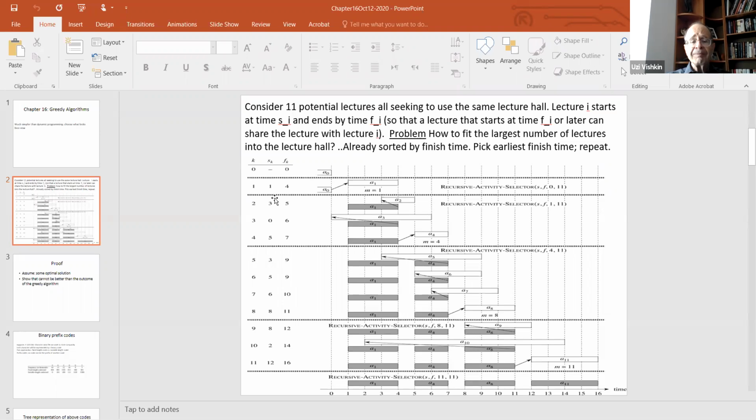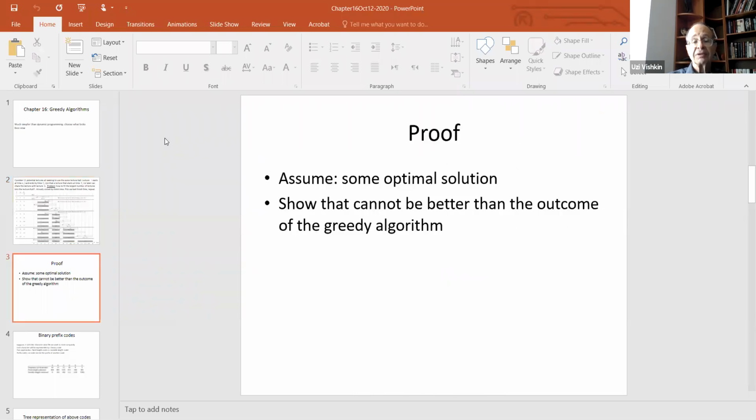So now, as always, we have these two questions that we can ask. Is it correct, and what is the complexity? So, is it correct?